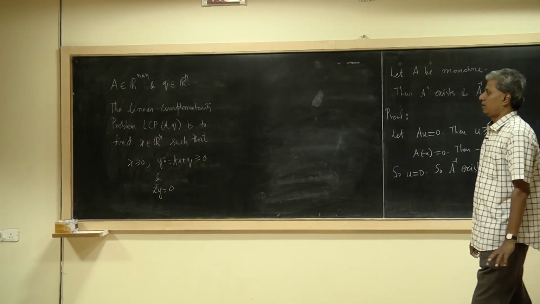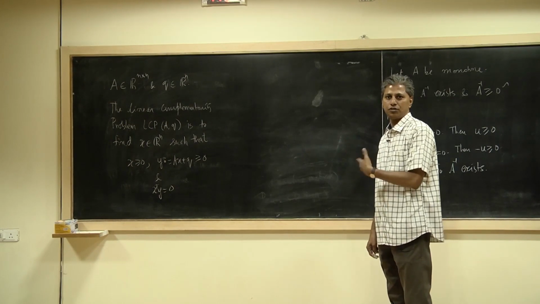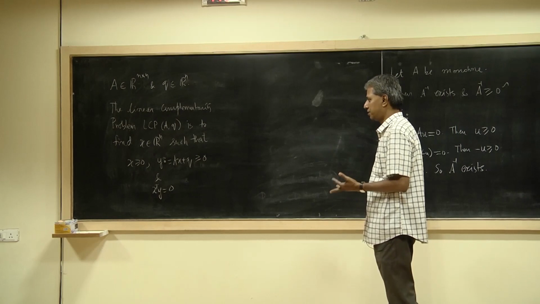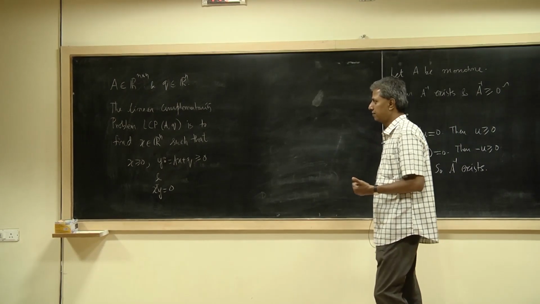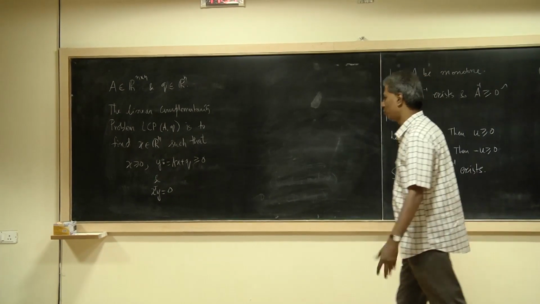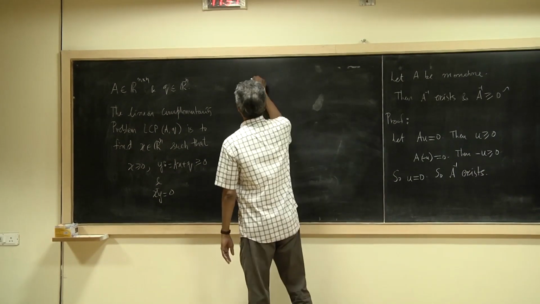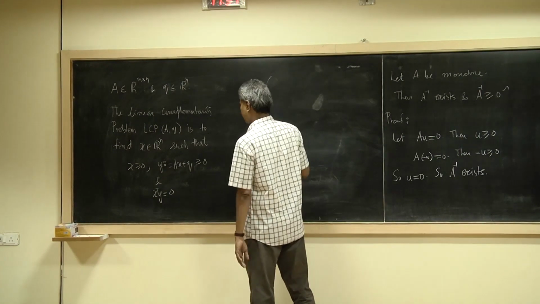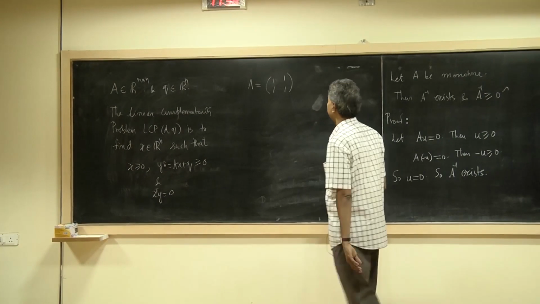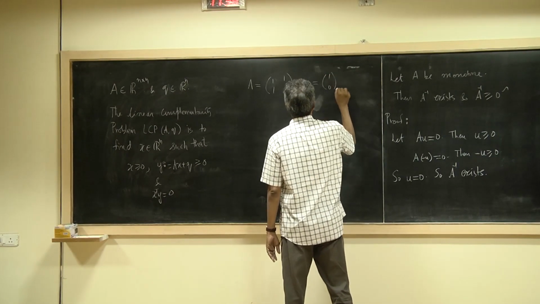Now there are classes of matrices A for which this problem has been attempted. How to solve this problem when A belongs to a certain class? But before that, can I give an example? Let's take A as [1 1; 1 1]. Let's say I'm giving you the vector Q as (1, 0).